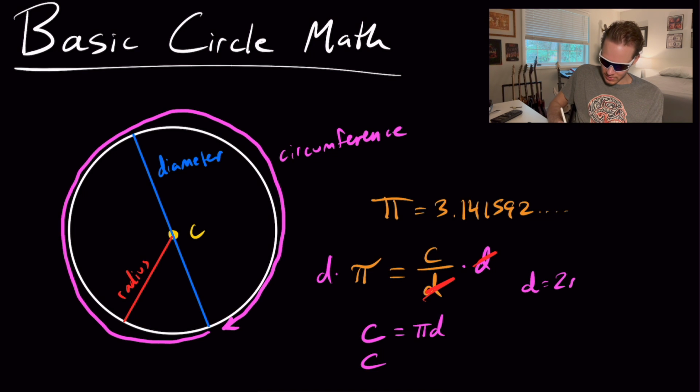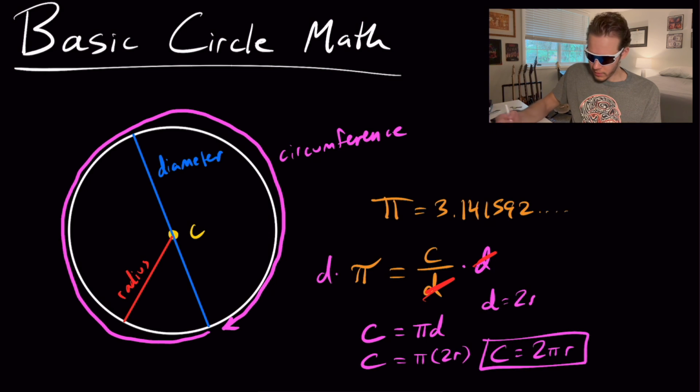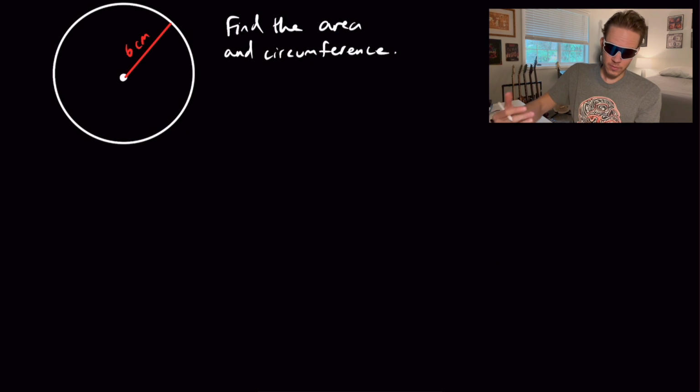So I can just replace that and say, hey, this circumference is equal to pi times 2r, or more commonly written, C is equal to 2 pi r. We also get a formula for area of circles, and that's just going to be the area is equal to pi r squared.